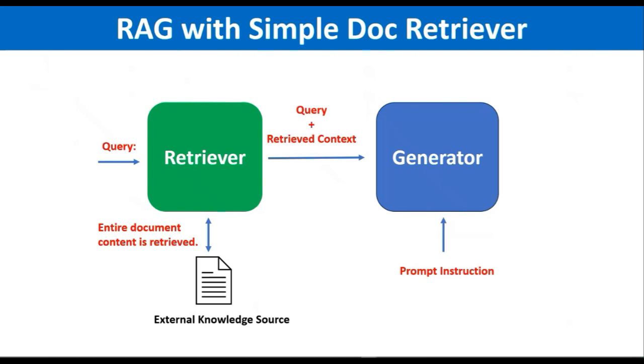Where exactly this is used in our smart recruit is, you remember there was a summary button. Once you selected a particular CV in the left-hand panel and clicked on the summary button, the entire content of the selected CV is retrieved. Then it is sent to the generative model with the prompt instruction to summarize this particular CV and extract this and this content from it.